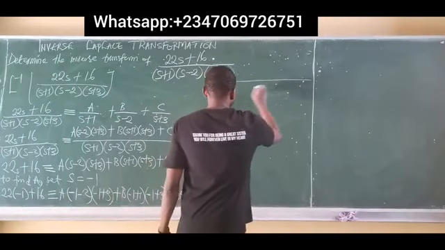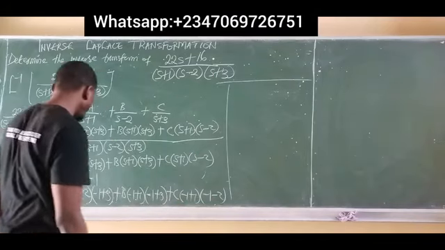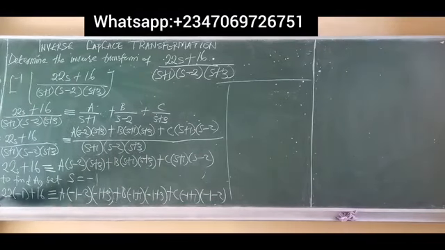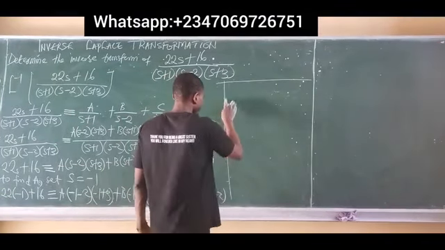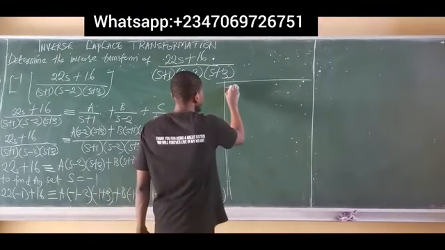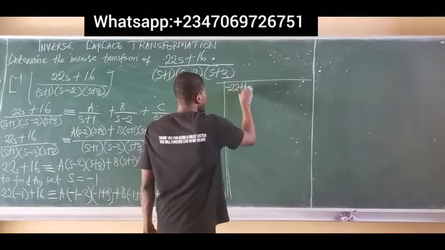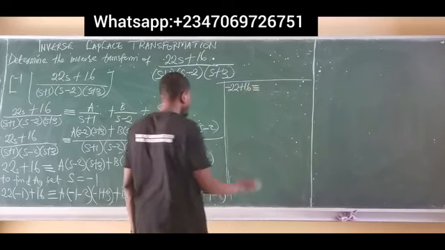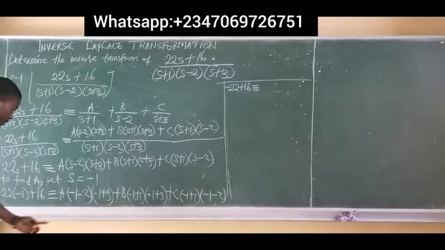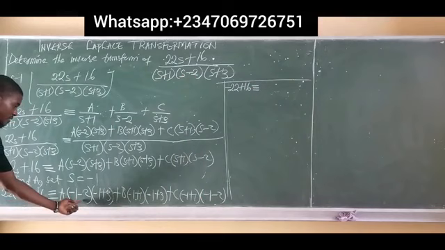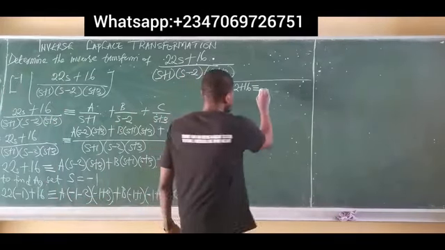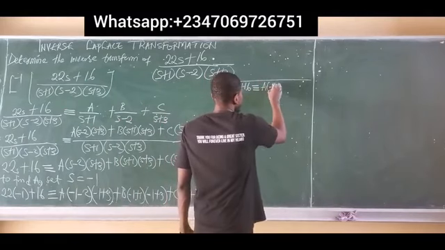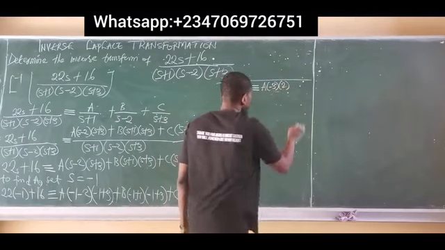Okay, I think we can manage here a little bit. Alright, so this becomes 22 times minus 1. That gives you minus 22 plus 16. So I have minus 22 plus 16, and this is equivalent to, we move over here now. Minus 1 minus 2 is minus 3. Minus 1 plus 3 is 2. So this is A into minus 3 into 2.